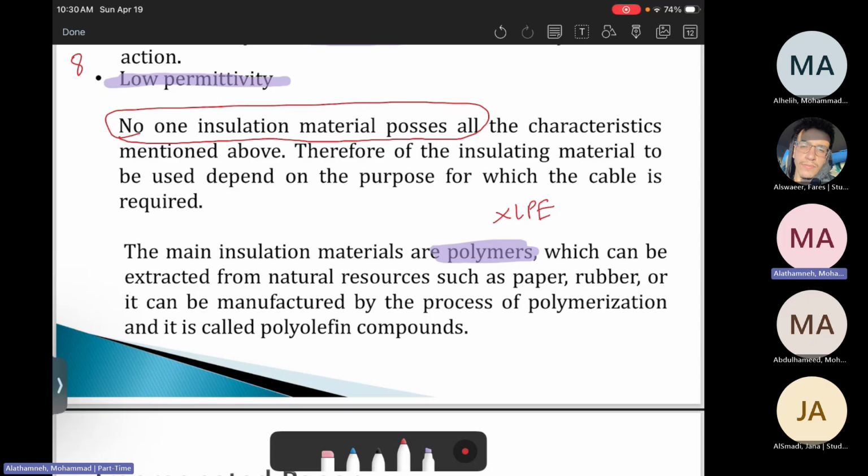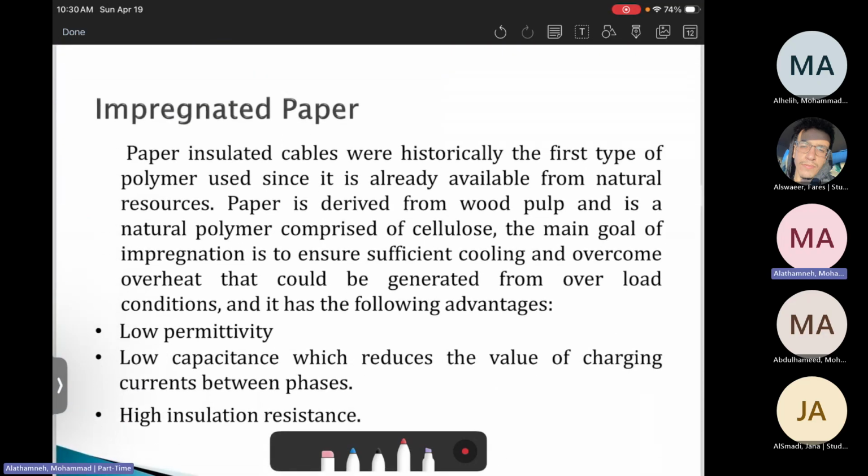This can be extracted from natural resources as paper or rubber, or it can be manufactured by the process of polymerization, and it can be called compounds. The paper insulated cables were the first type of polymer used since paper is readily available from natural resources.